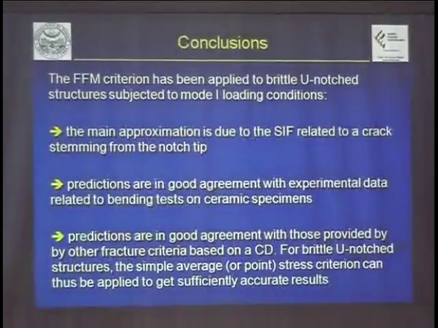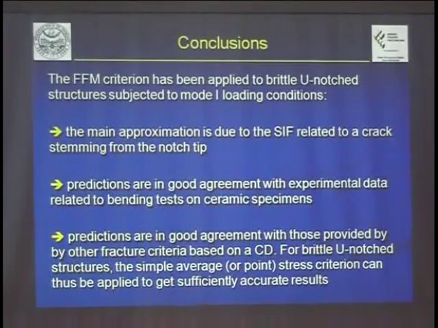And just to conclude this first part, what has been done is the application of the finite fracture mechanics criterion to brittle U-notch structures subjected to mode 1 loading. The main approximation is due to the stress intensity factor related to a crack stemming from the notch tip, as we have seen.